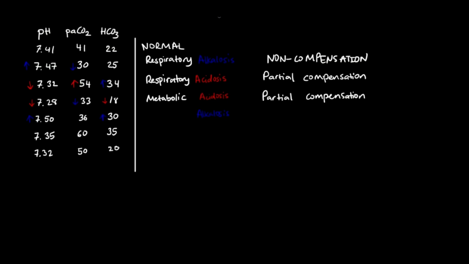So because the pH and the bicarb are moving in the same direction, this is metabolic. So this is an example of metabolic alkalosis. Because the CO2 level is normal, this is an example of non-compensation.